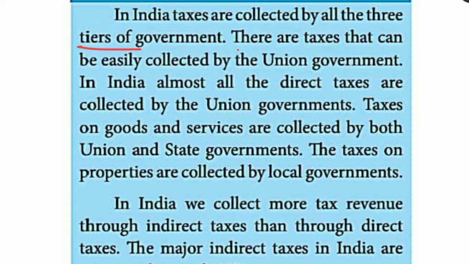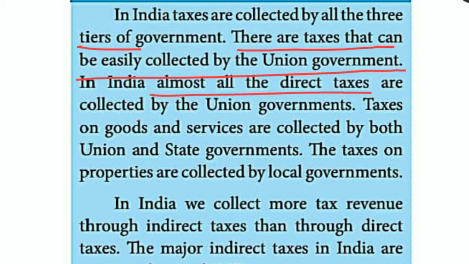See, second line: there are taxes that can be collected by the union government. In India, almost all the direct taxes are collected by the union government. What type of taxes are they collecting? Direct taxes alone, like that it is given.